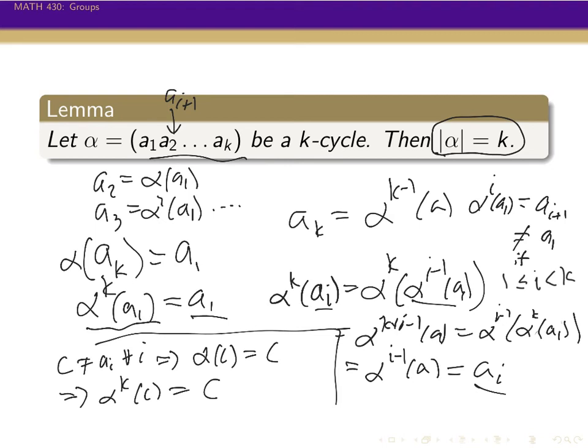So alpha to the k is the identity. Alpha to any smaller power is not the identity. So k is the smallest power of alpha that gives me the identity function.